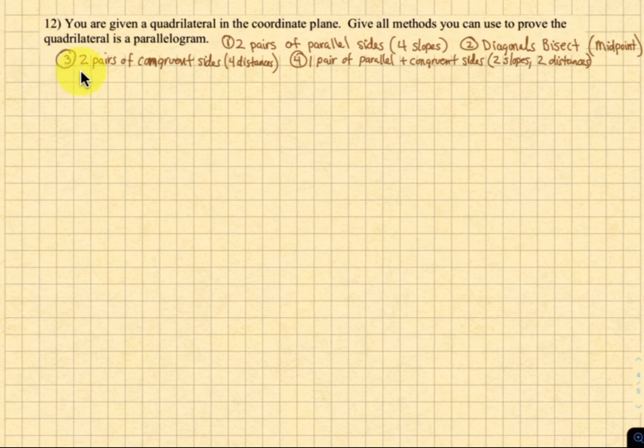Number 3, you can show that 2 pairs of sides are congruent. You would do that by showing the 4 distances. And number 4, 1 pair of parallel and congruent sides. So that means you would do 2 slopes. You'd also do the 2 distances. All right, and that's number 12.